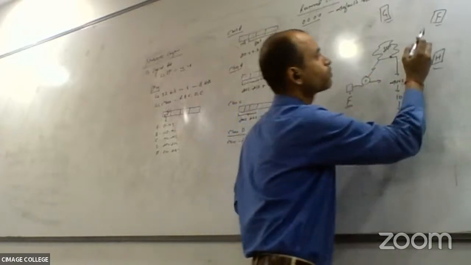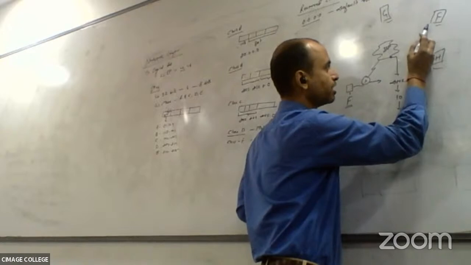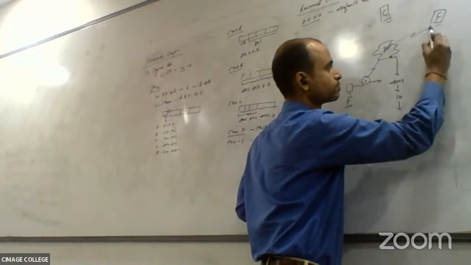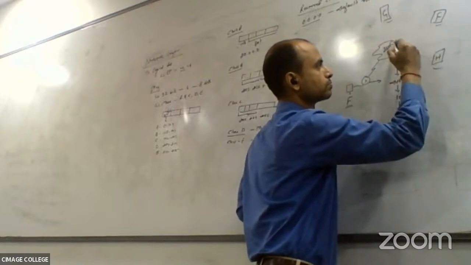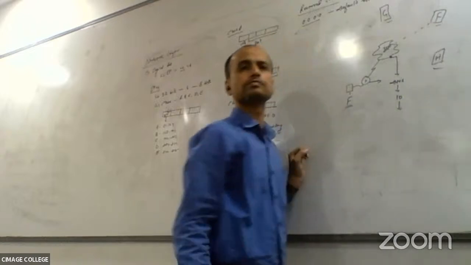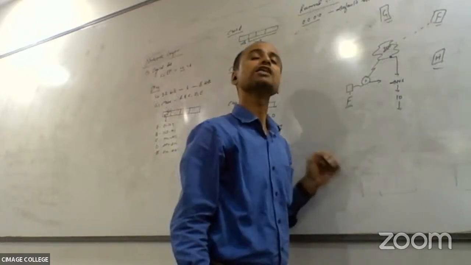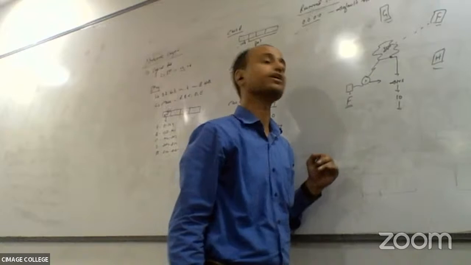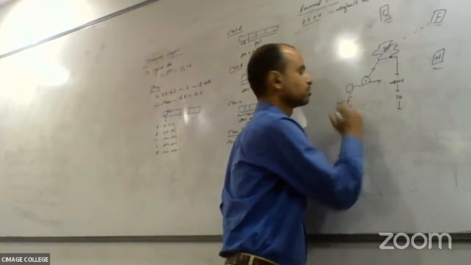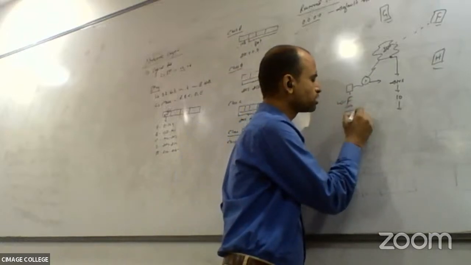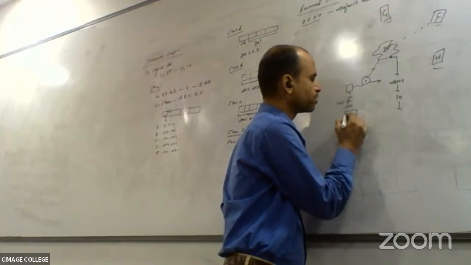Finally, Flipkart will respond to this IP, and the ISP will transfer that reply to this node. And finally, this node's user is able to open Flipkart.